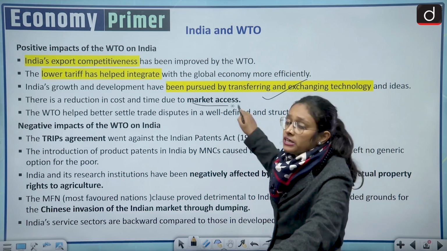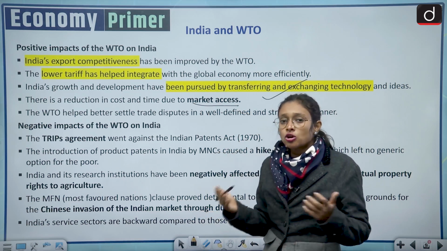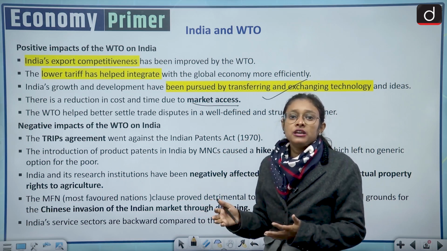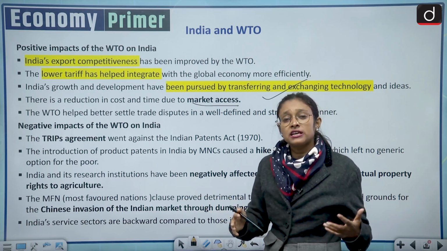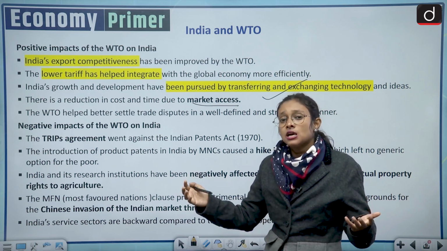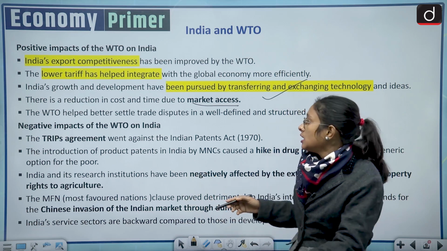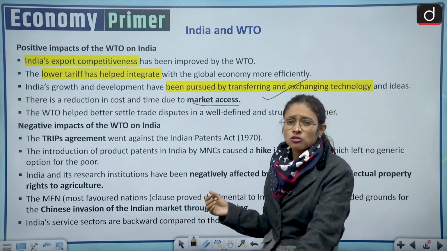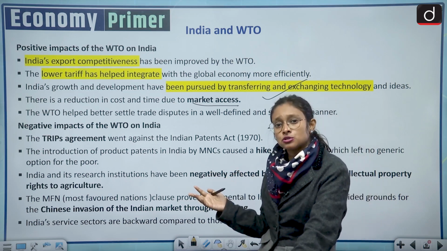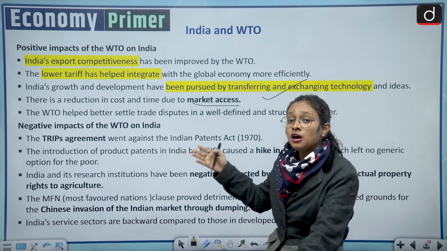And also India got much market access, because we produce a lot of things, but sometimes we only have trade with a few countries. So it provided large market access, and in this way it has boosted the Indian economy. And then it also helps solve trade disputes, because India is also involved in many trade disputes with other countries. So in that way it has helped India positively.